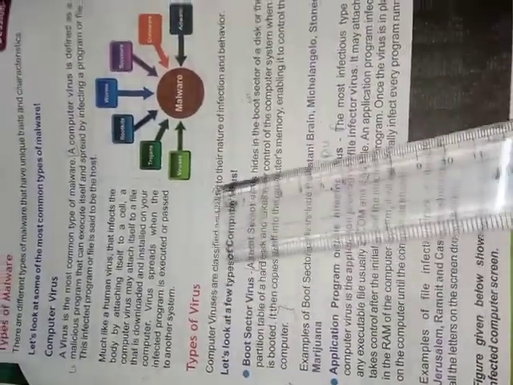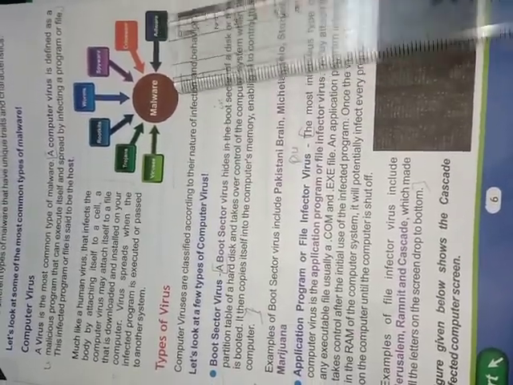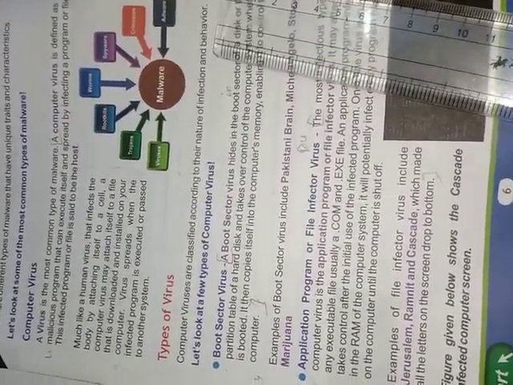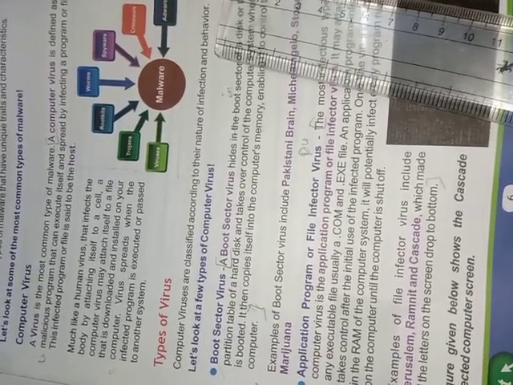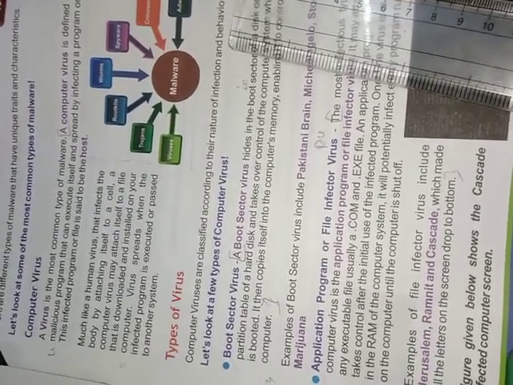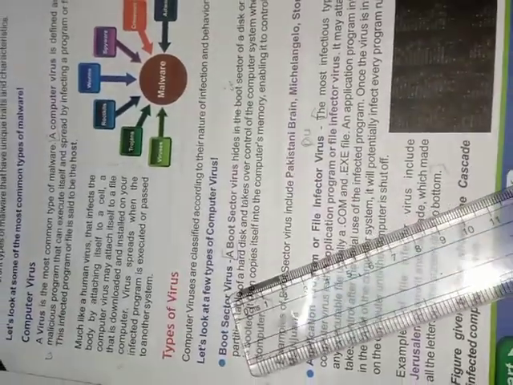Computer viruses are classified according to their nature of infection and behavior. So based on how they infect and how they behave, the viruses are classified. Let's look at a few types of computer virus.